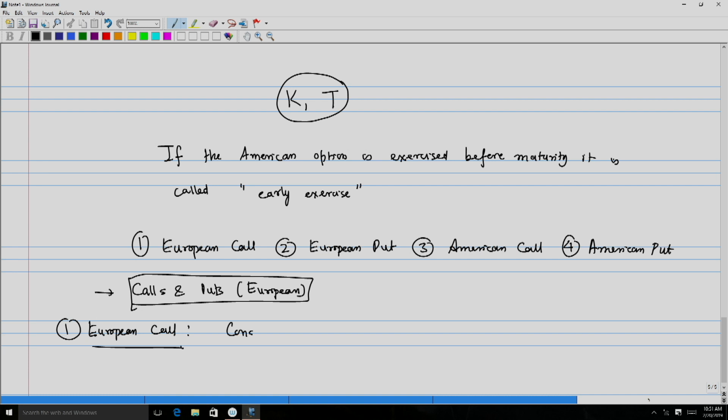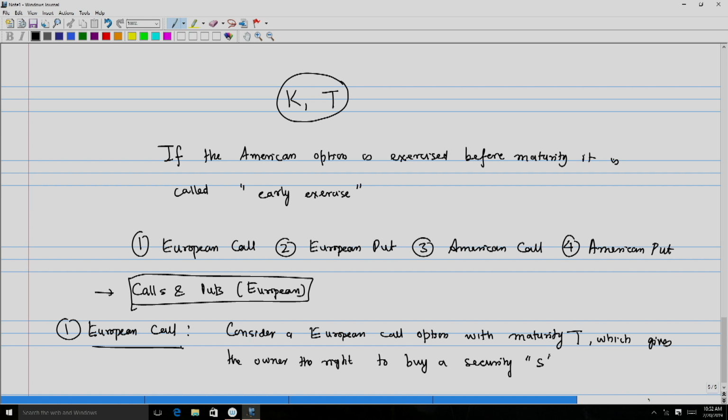So, we consider a European call option with maturity capital T as before, which gives the owner the right to buy a security S at this maturity capital T for strike or exercise price K.